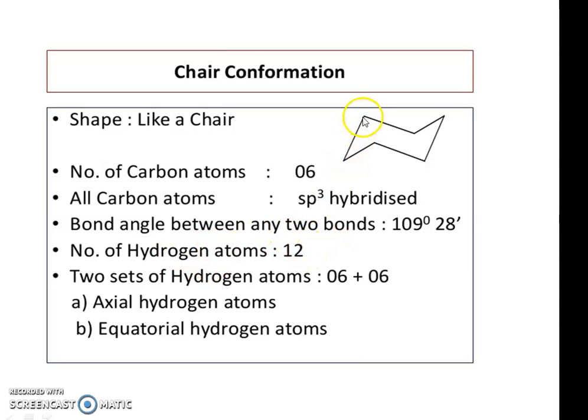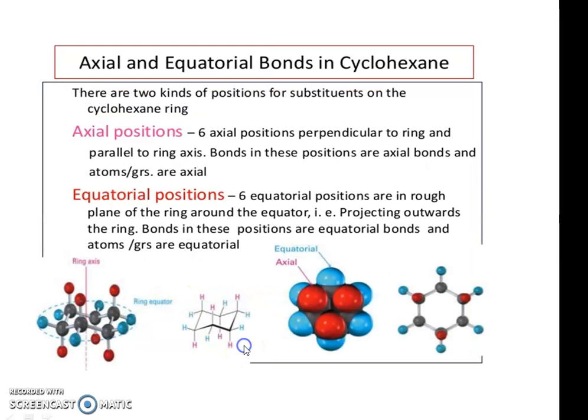As I said just now, each carbon is bonded with 2 hydrogens. So among the 12 hydrogens, we can classify them into 2 sets of hydrogen atoms, 6 plus 6. They are named as axial hydrogen atoms and equatorial hydrogen atoms.